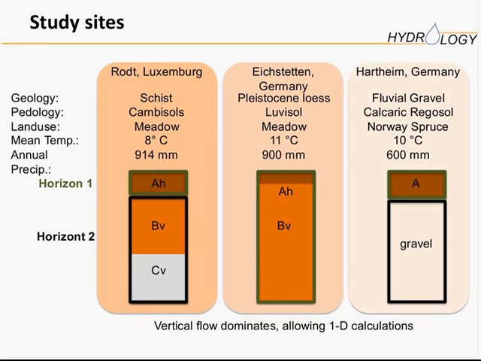So you see the precipitation is 600 to 900 millimeters, relatively simple soils, and the land use is either meadow or Norway spruce. All the sites are on relatively flat ground, so we could assume that the 1D calculation focusing on vertical flow works well for those sites.